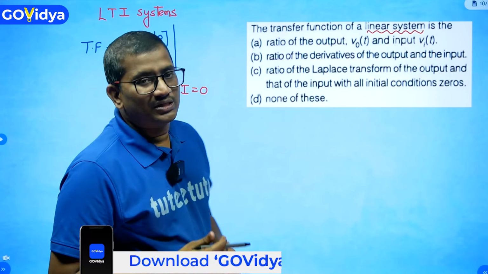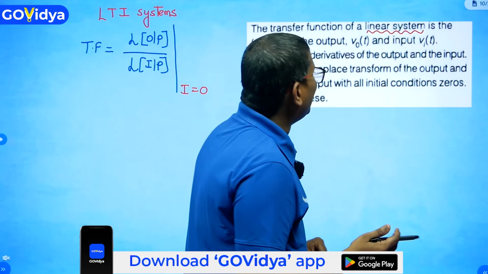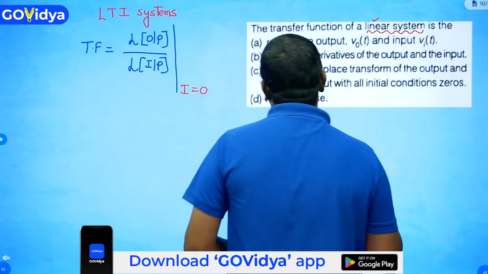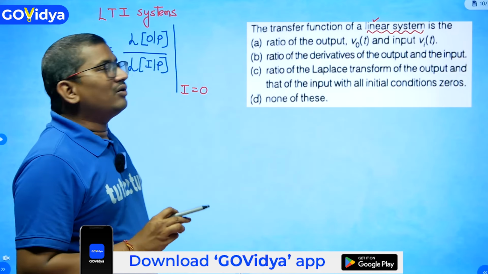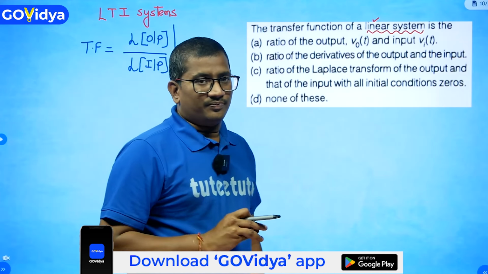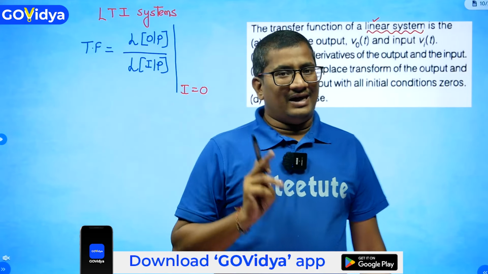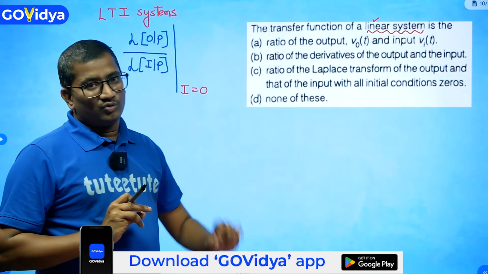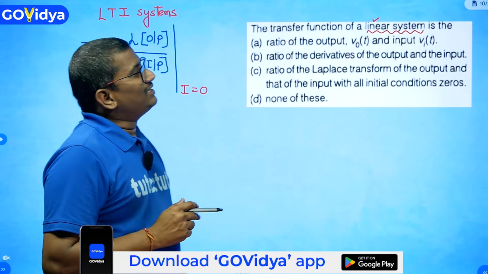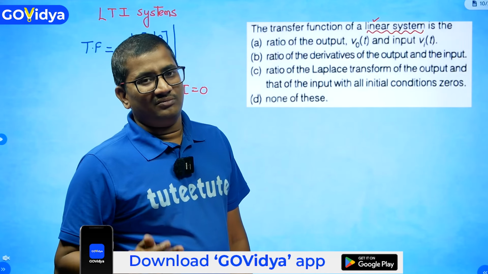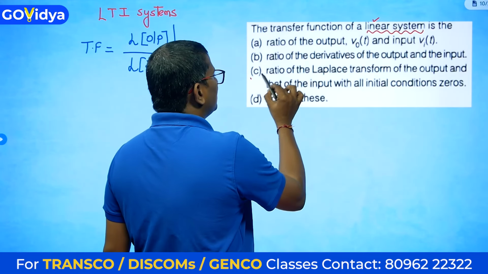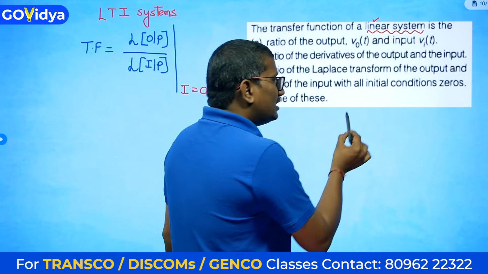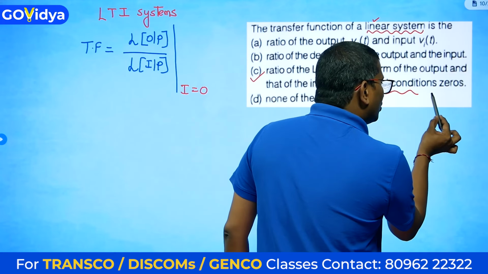Initial conditions are 0 because the examiner clearly mentioned the linear system. Whenever you have any initial condition, it will not obey the linearity of the system. Okay. So care must be taken about what terminology they have used. Mostly, whether they say linear system or a system or a control system, the answer is always, remember, initial conditions 0.